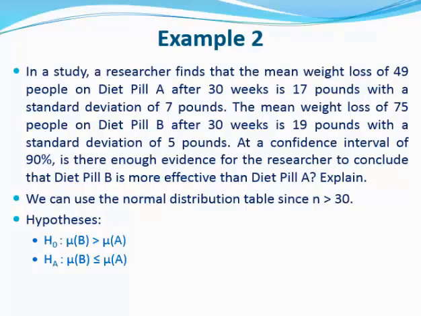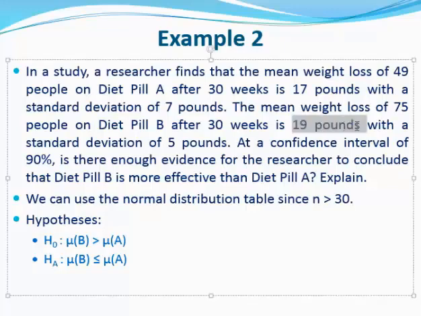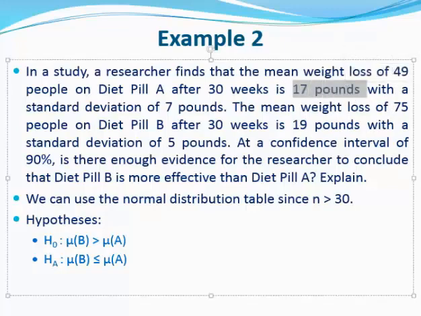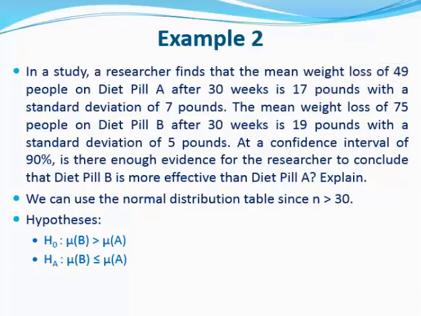Well, if you look right away, it seems that B is more effective than A. B lost the people 19 pounds, same number of weeks, whereas A lost the people 17 pounds, which is less. So at first, it looks like B is a better pill, assuming, of course, that the experiment was done in a scientific manner.